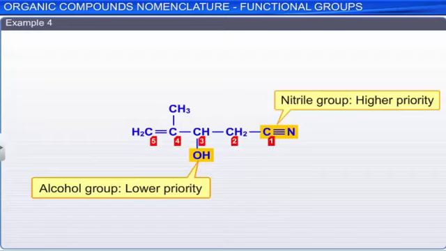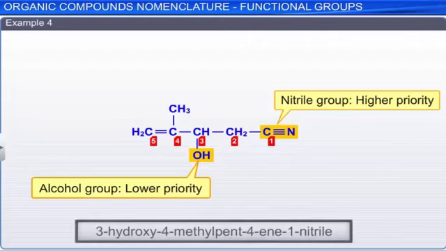Hence, the name of the compound will be 3-hydroxy-4-methylpent-4-ene-1-nitrile. The terminal e of the parent chain is retained as it is followed by a consonant and not by a vowel or y.